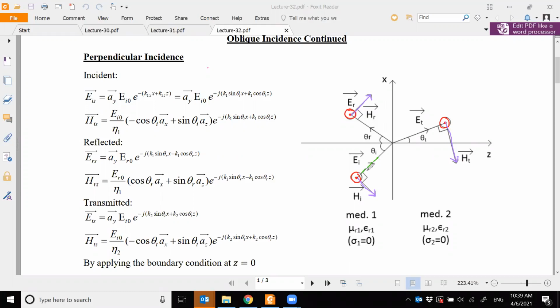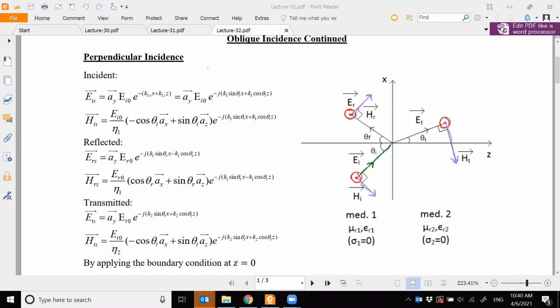So let me use a dark color. This is my direction of propagation of the incident field. Which is my interface? Z equals 0 is my interface, or I would say my XY plane is my boundary, and this is normal to the boundary. Therefore, it is making an angle of theta I, the incident angle.